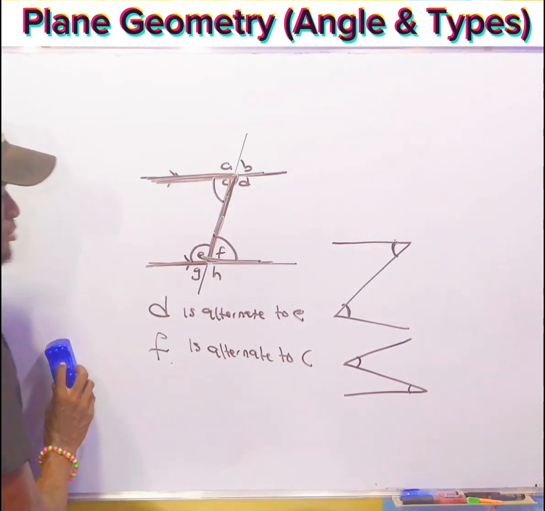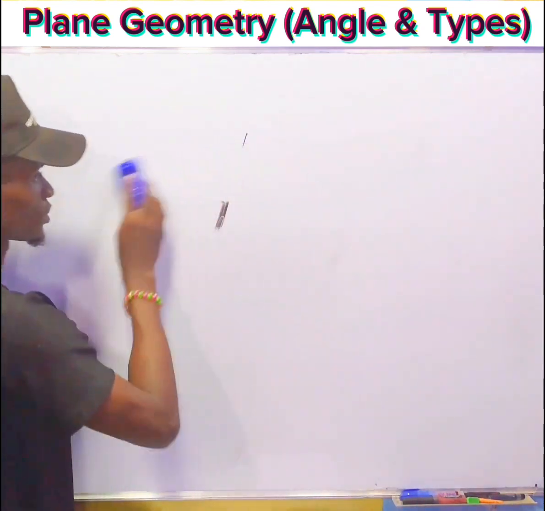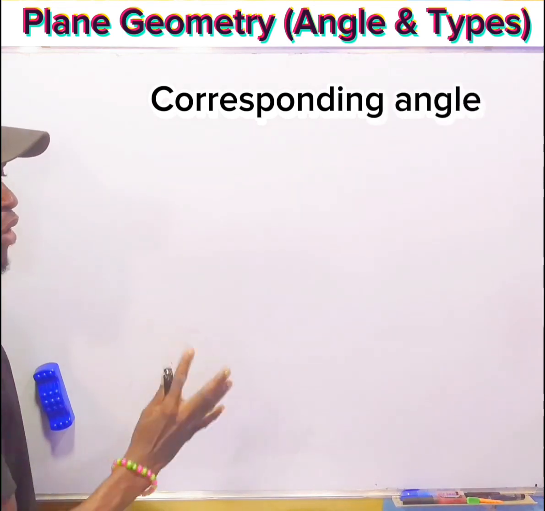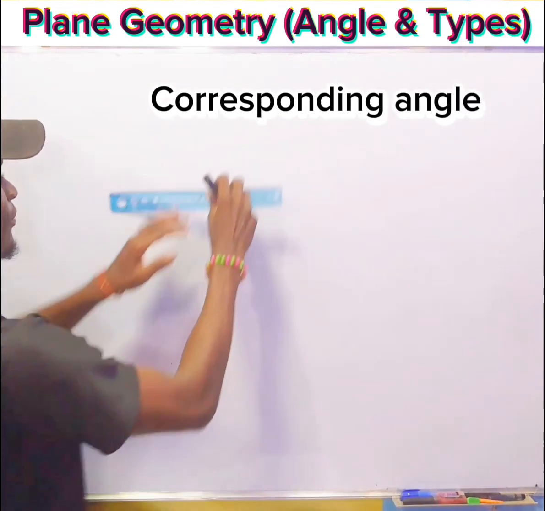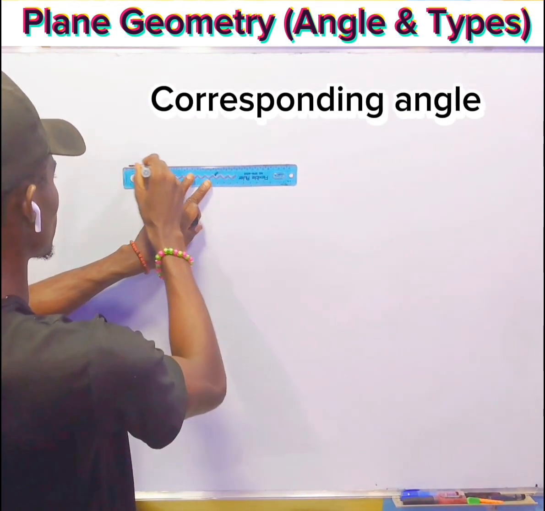Now let's check corresponding angle. Corresponding angle is also an angle gotten from two parallel lines.